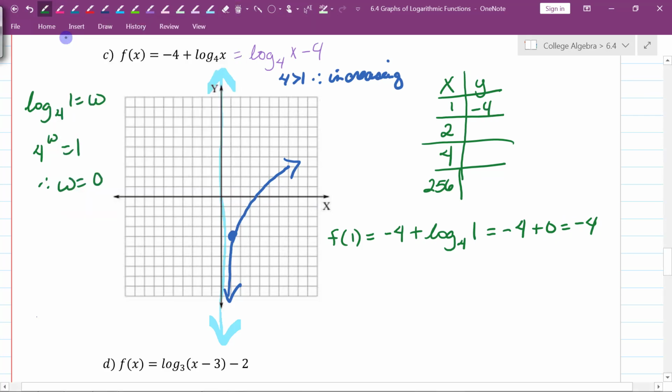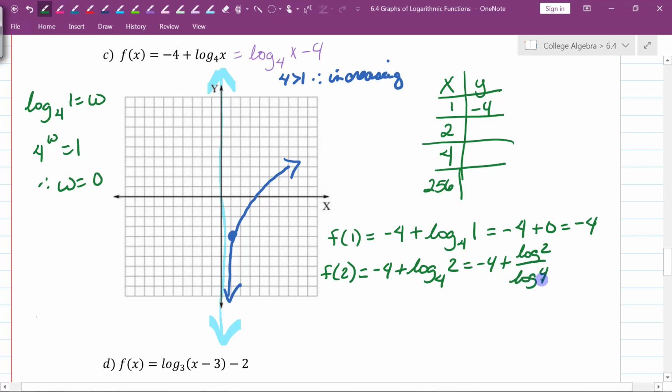Next I'm going to calculate f of 2, which is going to be equal to -4 plus log base 4 of 2, which would be negative 4 plus log of 2 divided by log of 4.